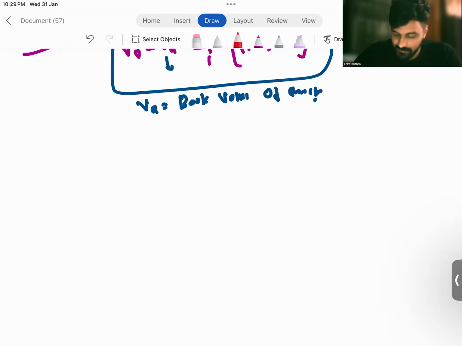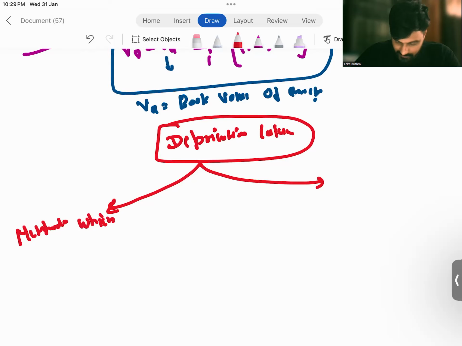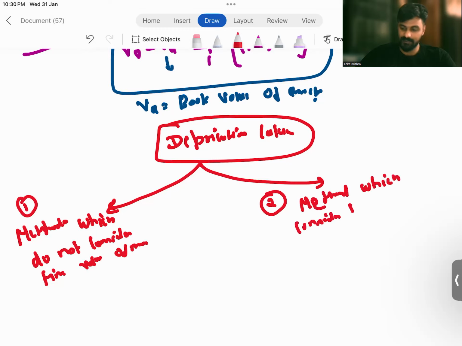Now we have studied depreciation calculation. Sometimes they will ask you such kind of questions. We have studied two kinds of methods: the first method which does not consider time value of money, and the second method which considers time value of money.